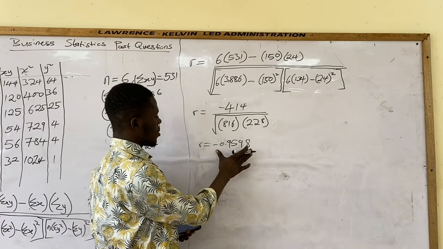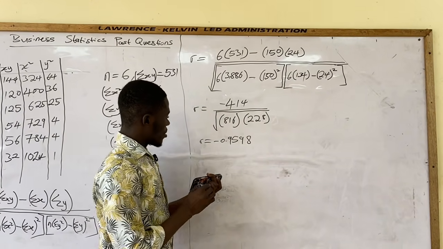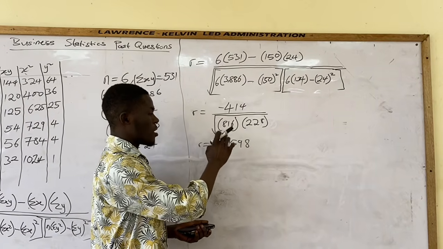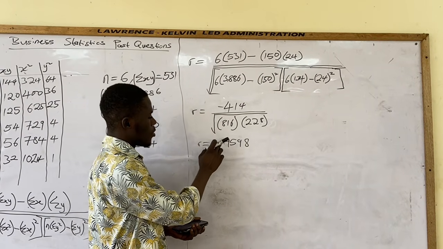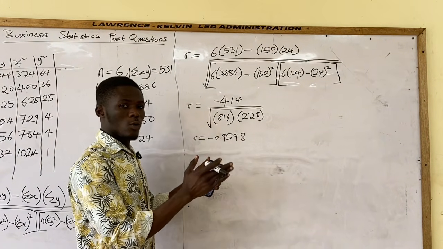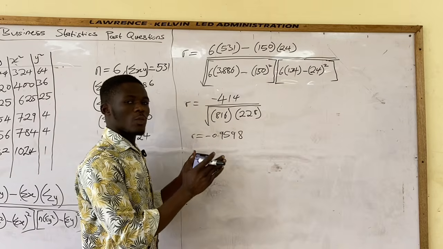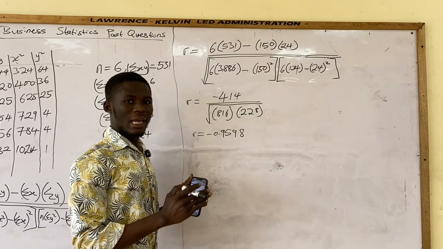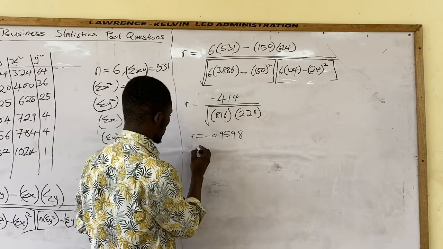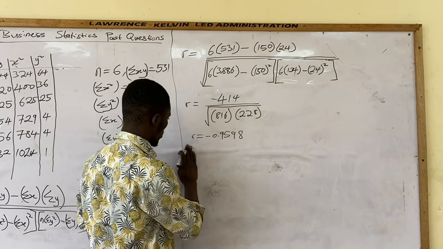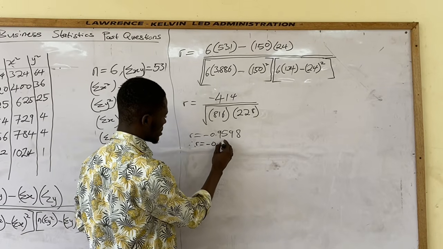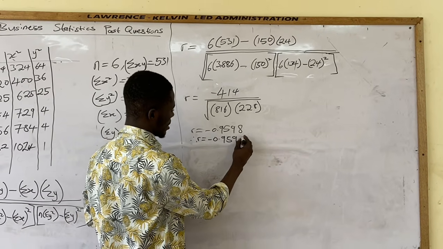Okay, and the question says that we should comment on our result. Here we can see that r, which is the Pearson correlation coefficient, is negative 0.9598. It is closer to negative 1. So here we are going to get a strong negative correlation. Your comment will be: therefore, r equals negative 0.9598.